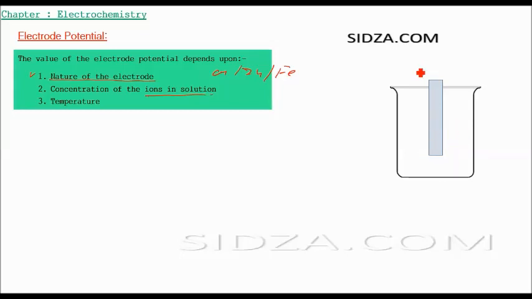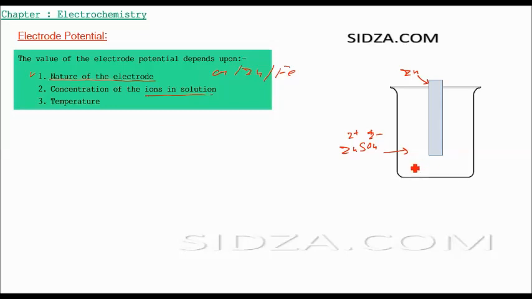Suppose you dip a zinc rod in a zinc sulfate solution, with Zn 2+ and SO4 2- ions.